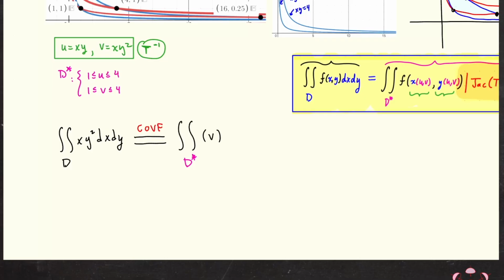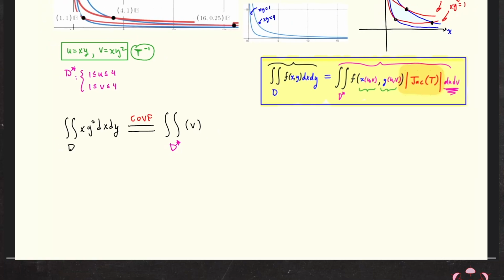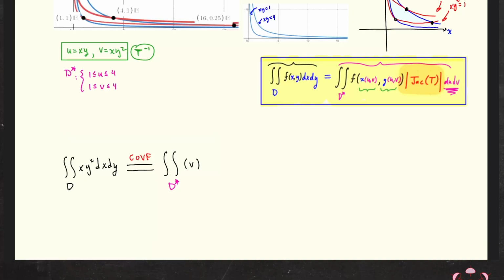So that is a very simple and clean change. Next up we need to calculate the Jacobian of T. Actually, I'm going to do that right above this. So let me leave parentheses here for whatever we get for the Jacobian of T. And then we have, of course, du dv.